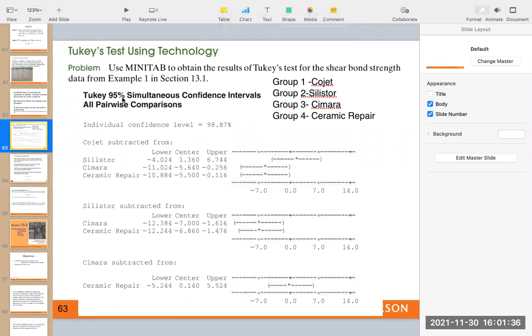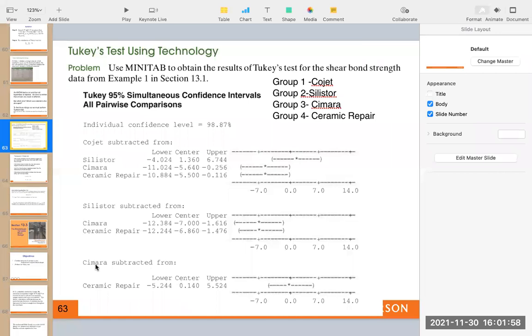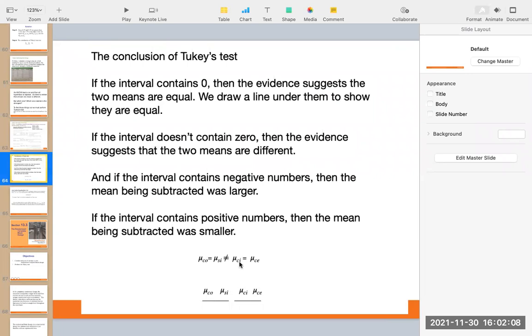And then we also said that Silister was not equal to Simara or ceramic. And then the last one, Simara and ceramic, they do contain 0, so we think Simara and ceramic are equal.